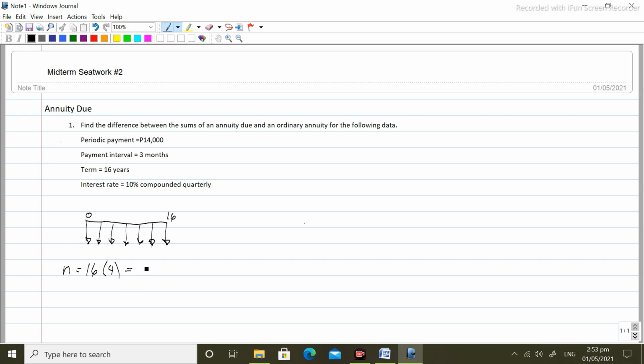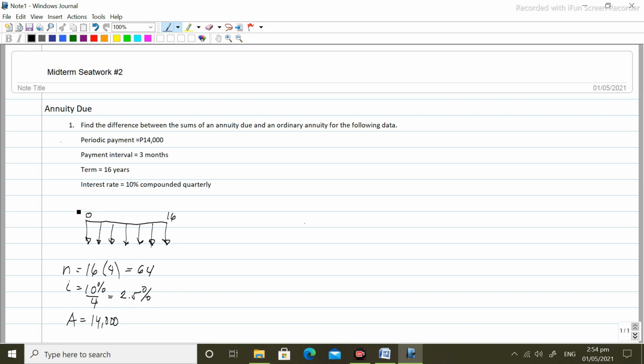So, we have 64 payments. And then the interest rate of 10% compounded quarterly, divided by 4, is equal to 2.5%. That is what we will use with the annuity of 14,000.